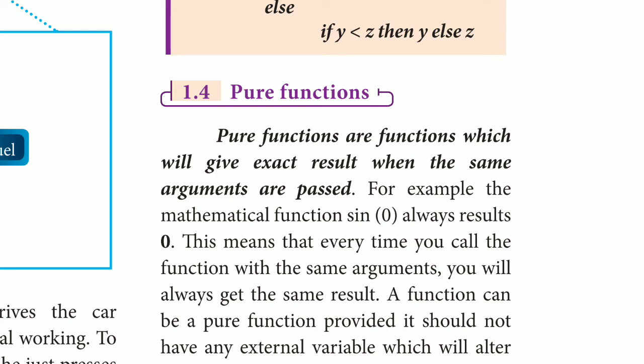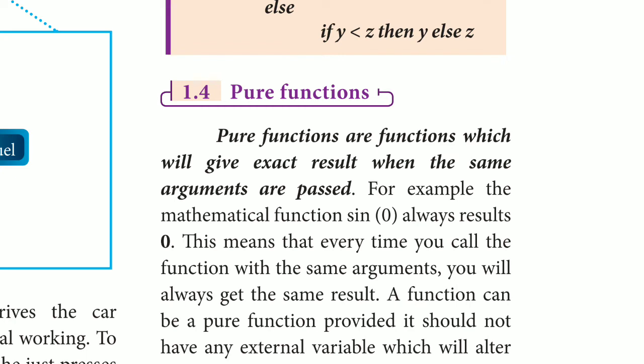That kind of function is known as a pure function. For example, the mathematical function sine 0 always results in 0. This means that every time you call the function with the same argument, you will always get the same result.